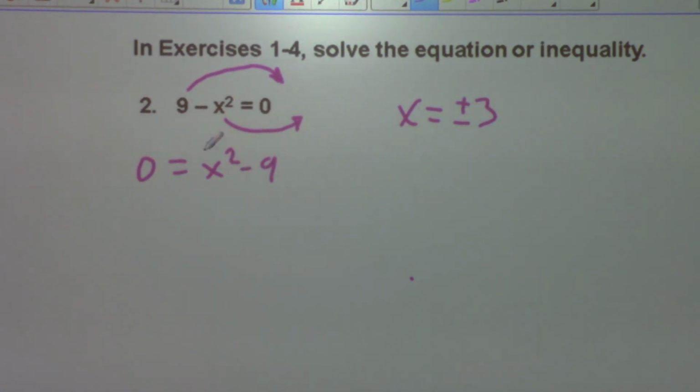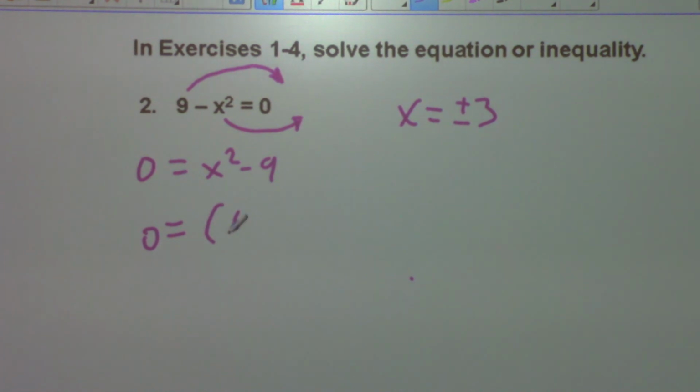So instead of setting one side equal to the other like we did on number 1, what else can we do to this right side of the equation? Can we factor that quadratic binomial? Yes. How would we factor that? x minus 3, x plus 3. Very good.